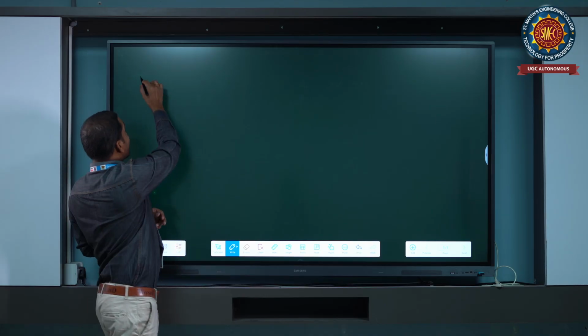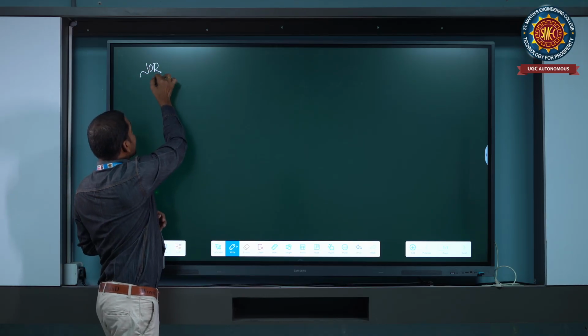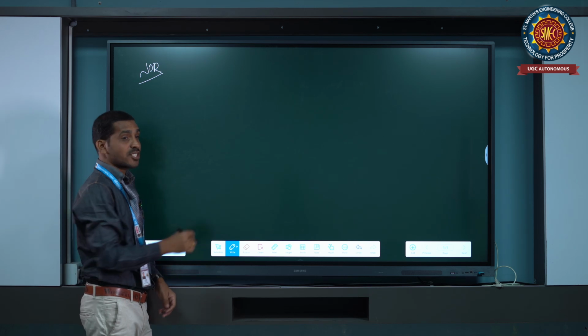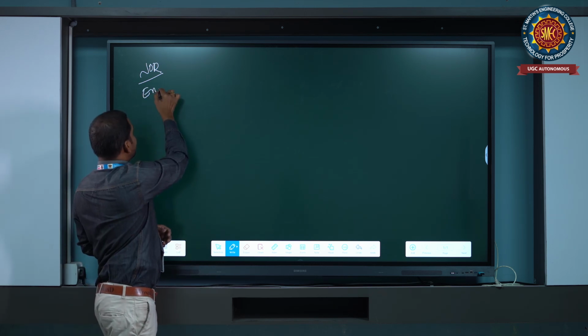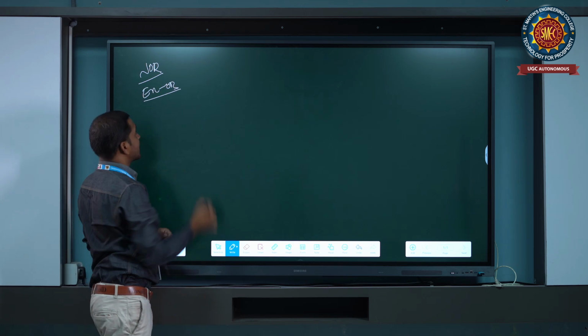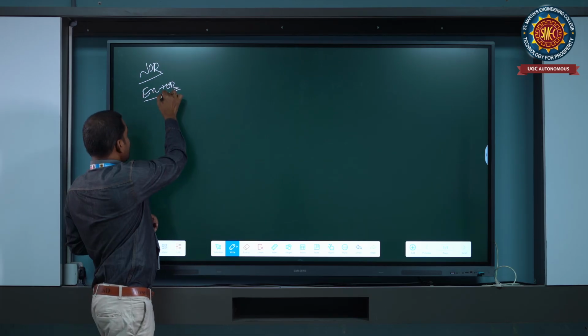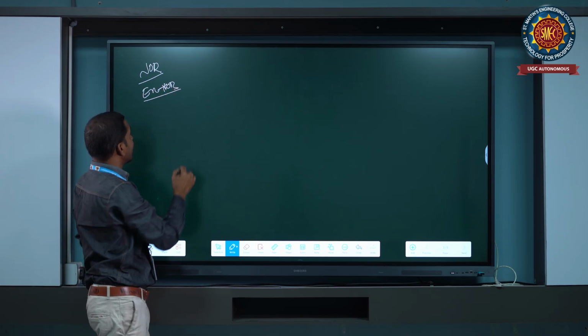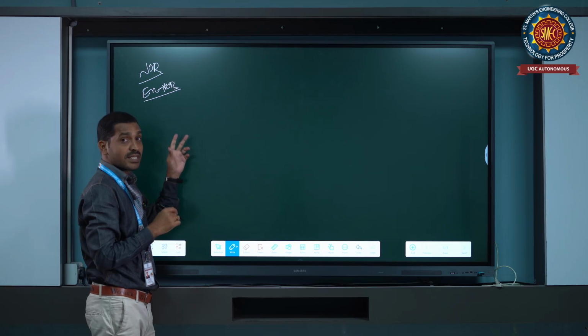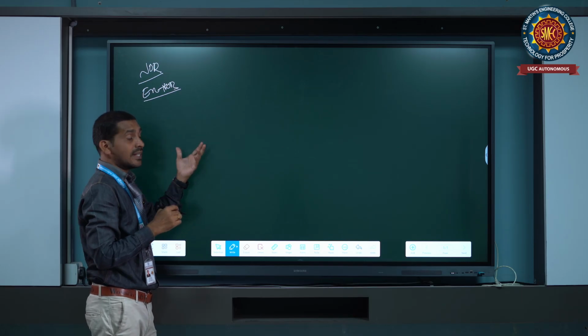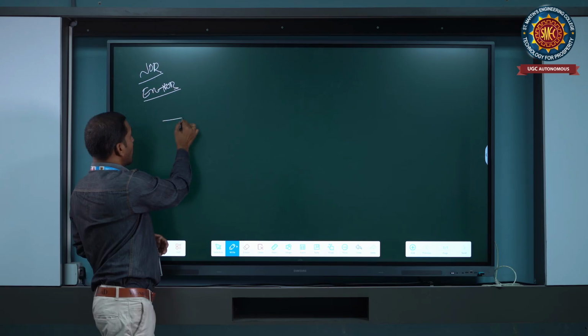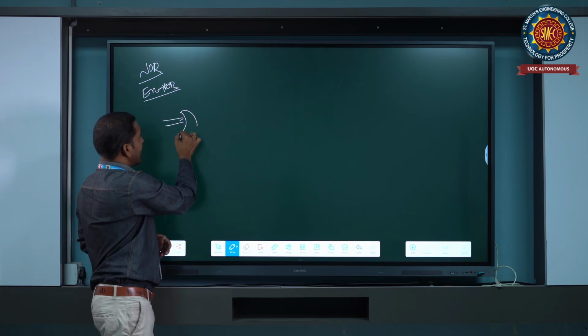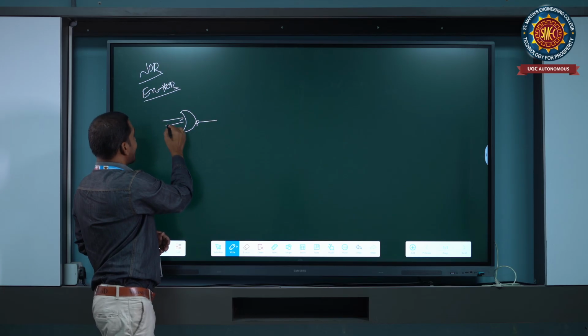Next one is using NOR gates. You are realizing the XOR gate and XNOR gate. You use 4 NOR gates to realize the XNOR gate.